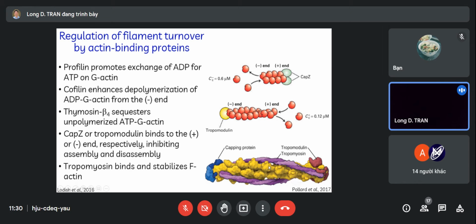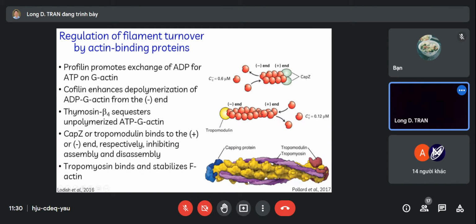So for those actin which require to be very stable, such as the actin in our muscle, it requires another protein called tropomyosin. It binds along the length of actin, and this tropomyosin has two main functions. One is to stabilize F-actin. The other function is to control the interaction between F-actin and myosin.